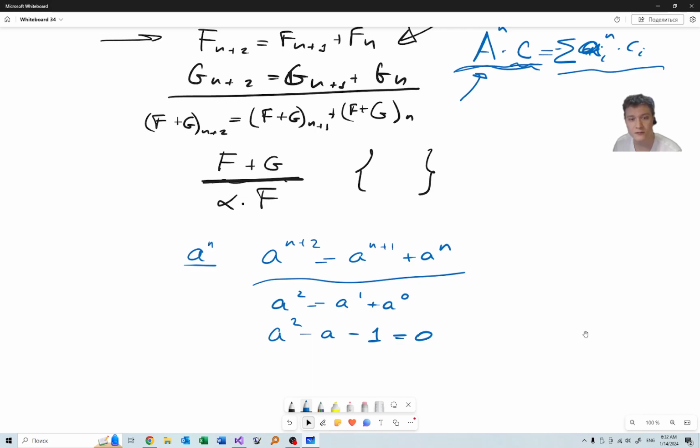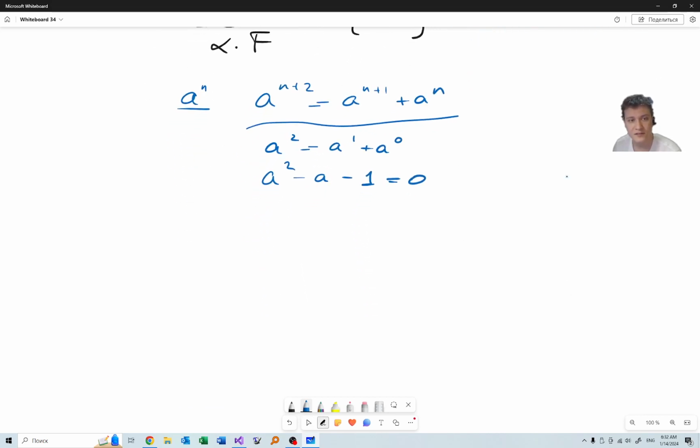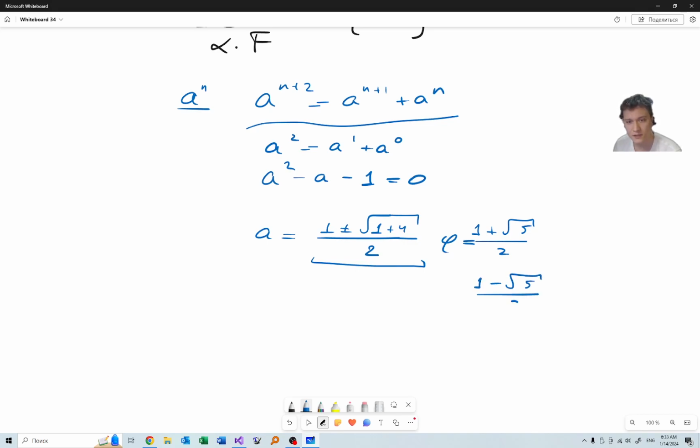You can solve it using the discriminant. So a equals 1 plus minus the square root of 1 plus 4, over 2. This number, 1 plus square root of 5 over 2, is called phi. And this number, which is the second root, is called minus phi inverse, I believe.